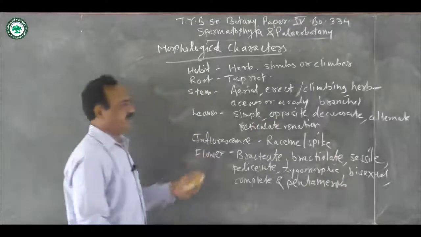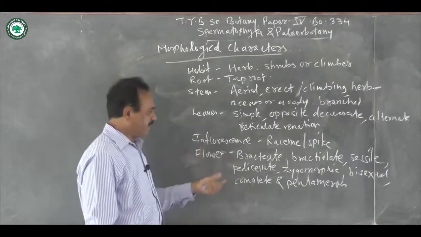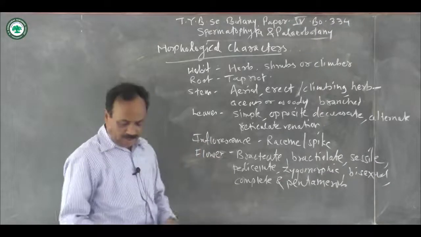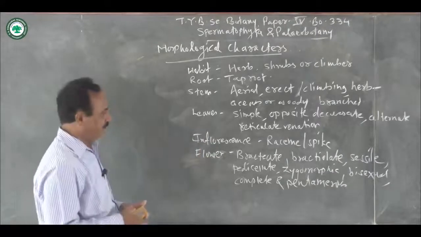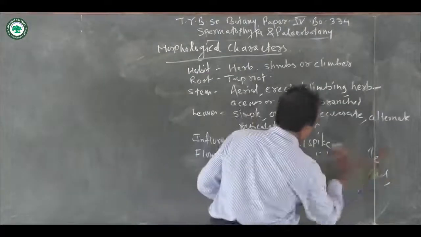So the flowers are with bracts and bracteoles, may be sessile or pedicellate, zygomorphic, bisexual, having all the whorls, so complete, and they are pentamerous.